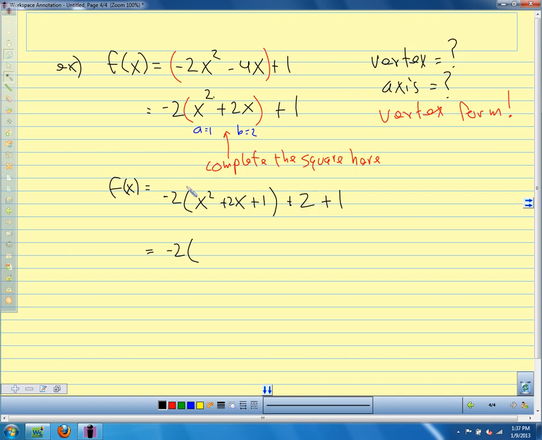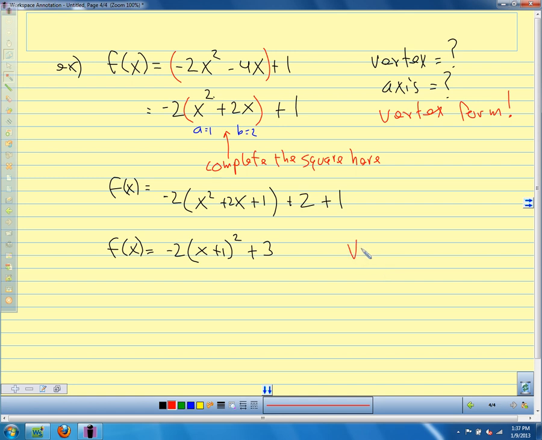Now, how do we factor x squared plus 2x plus 1 as a perfect square? x plus 1 squared, plus 3. So my function is -2 times (x plus 1) squared plus 3.